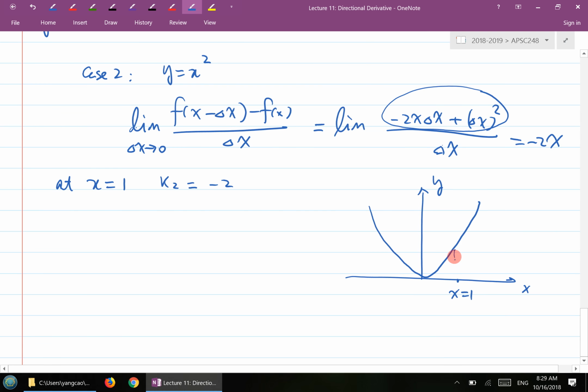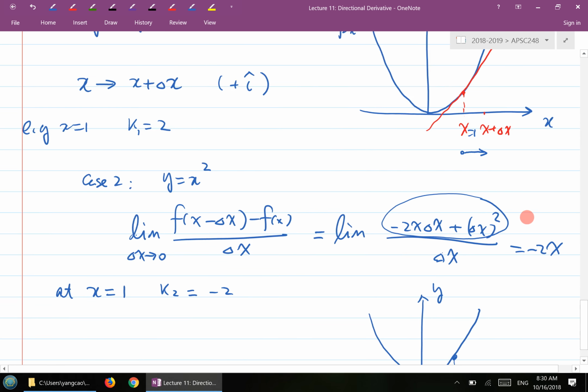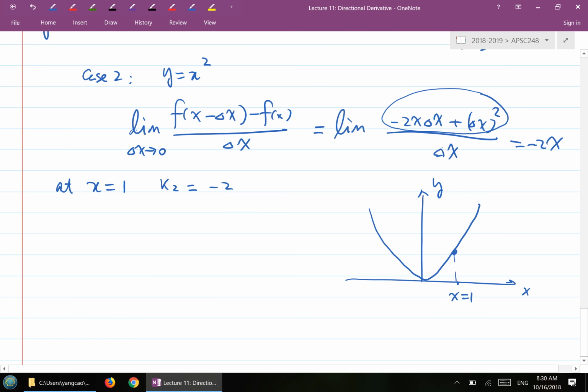But previously, when you move your x in the positive x-axis direction by delta x, we have a positive slope too, meaning there will be an increase in the function f. But this time, if I change the x from 1 in the opposite direction, which is the negative i hat direction, you get the same line here basically, then the slope becomes negative 2.